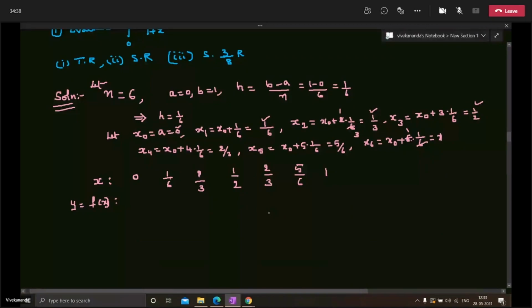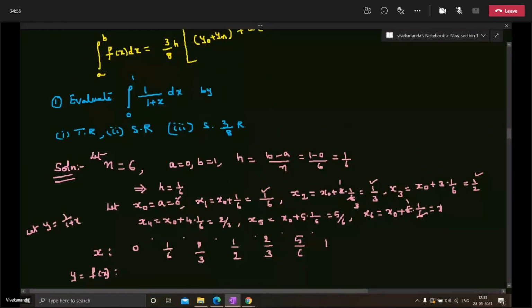So there are 6 subintervals. Now the corresponding y: y equals f of x equals 1 by 1 plus x. Now tell me the values.